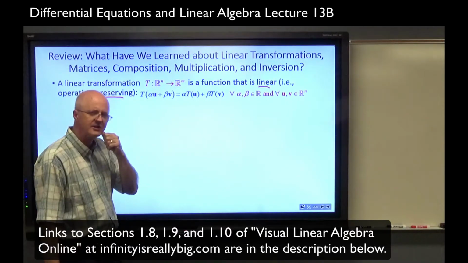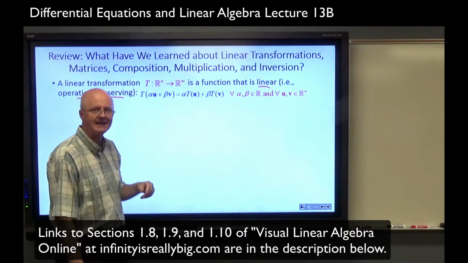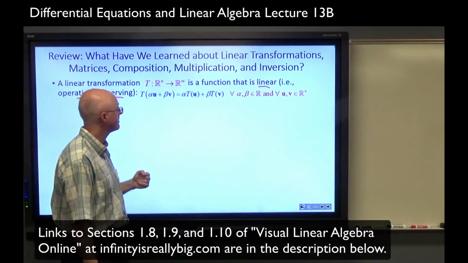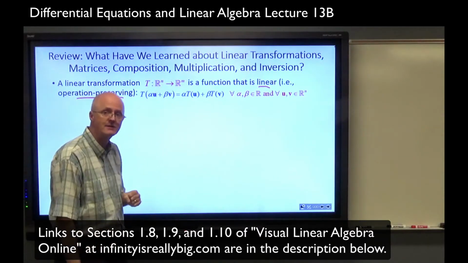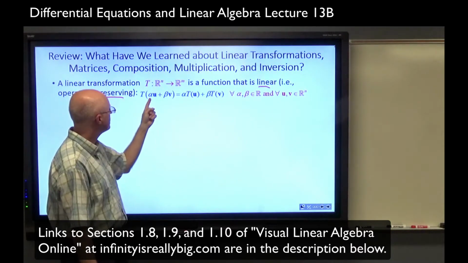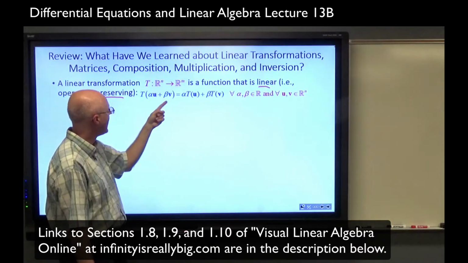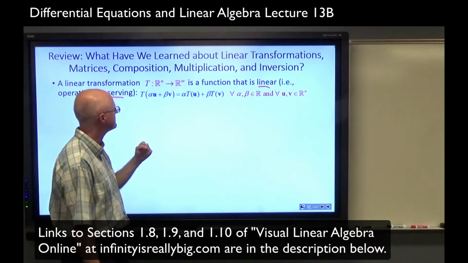Why is this called operation preserving? Well, in reality, the plus signs on both sides, and in fact even the scalar multiplications, mean different things, technically speaking, if n and m are different. Here you're multiplying scalars alpha and beta times two n-dimensional vectors, u and v, and adding them, ultimately getting an n-dimensional vector.